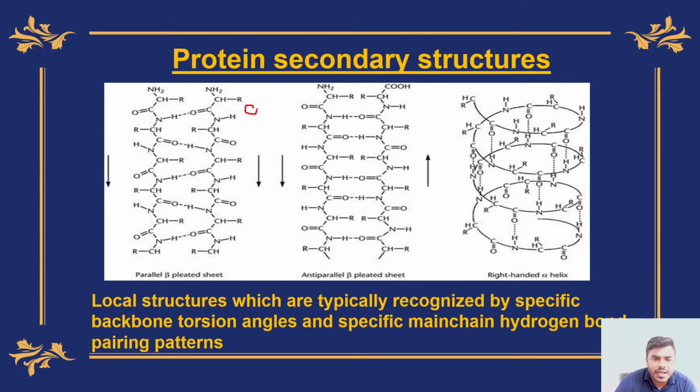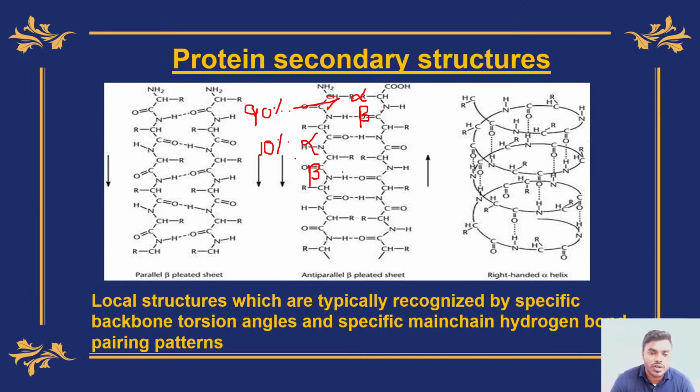Please listen. 90% of proteins contain both the alpha helix and the beta pleated structures in their secondary structure. Only some proteins, let's consider 10%, contain either only alpha helix or only beta pleated sheets.